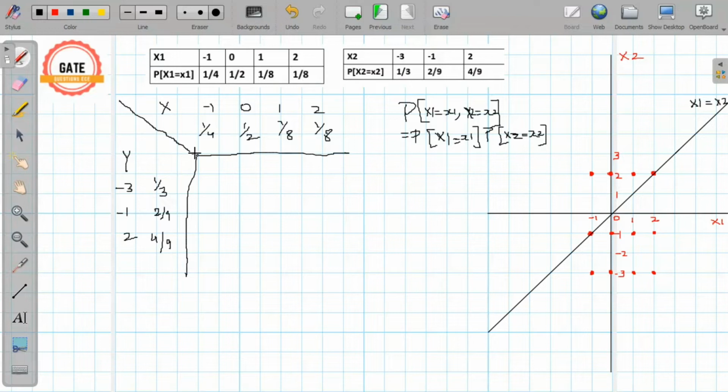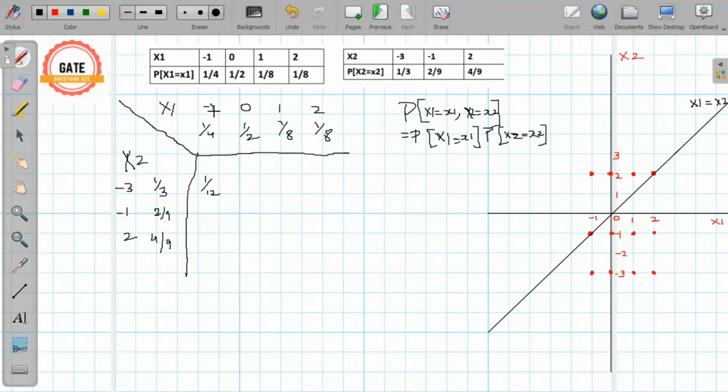So all we have to do is multiply these marginal PMFs. 1/3 multiplied by 1/4 is 1/12. This is the joint probability for X1 equal to -1 and X2 equal to -3.